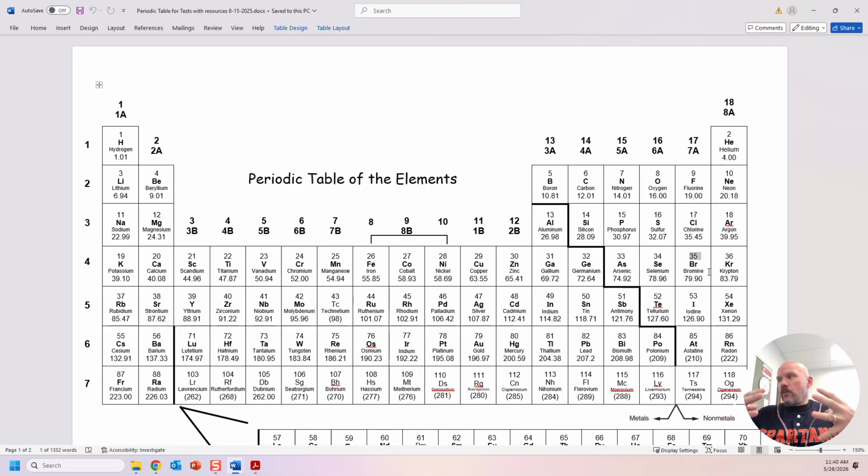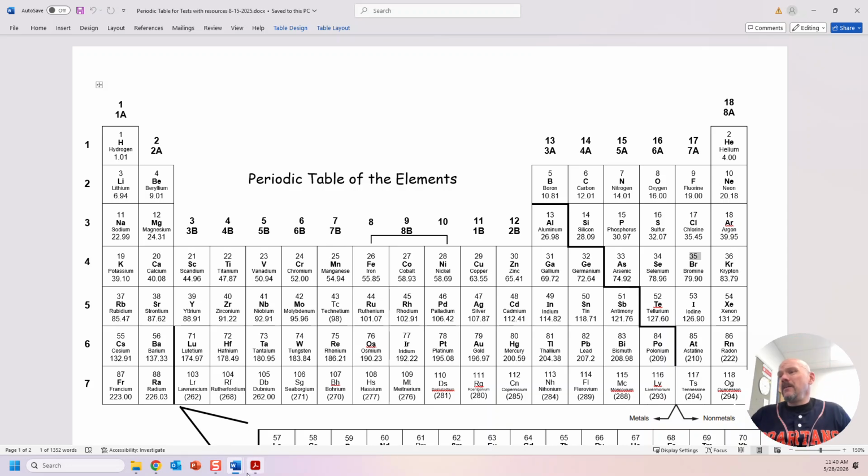Their valence shell is 4. So they have energy level 1, energy level 2, energy level 3, energy level 4. That's their electron cloud, right? So they have the same number of energy levels of electrons, but bromine has a plus 35 nucleus and calcium's only plus 20. So those 4 energy levels in bromine are going to be pulled closer to the nucleus, thus making it have a smaller radius.